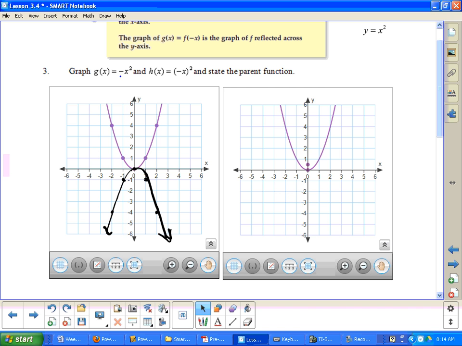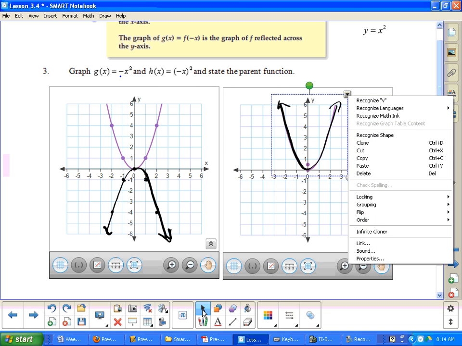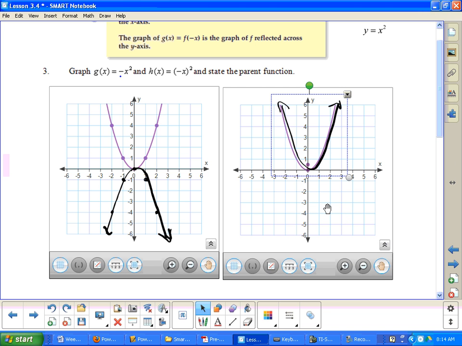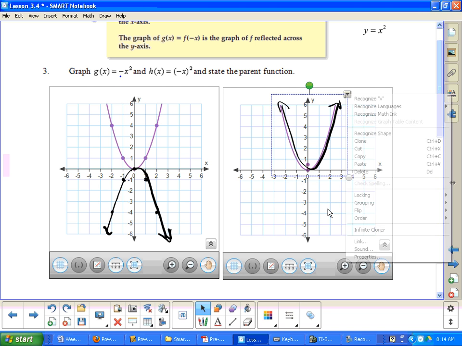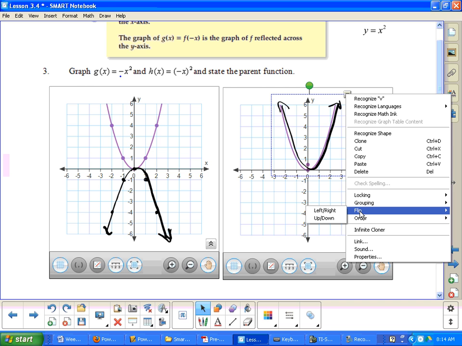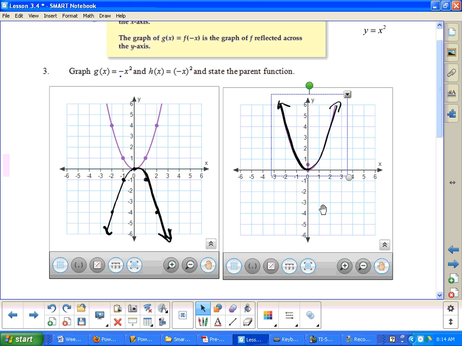So it actually looks like this then. If I redraw this, let's see how good my smartboard skills are. Okay, so this is what it's actually going to do, and it's going to flip it. All right, you see that? It's a horizontal reflection, so it's going to flip it left and right.